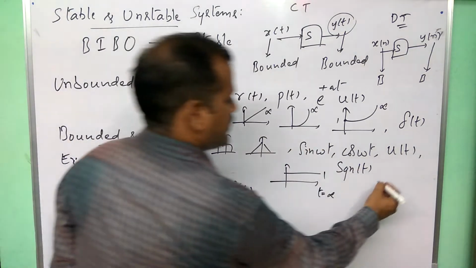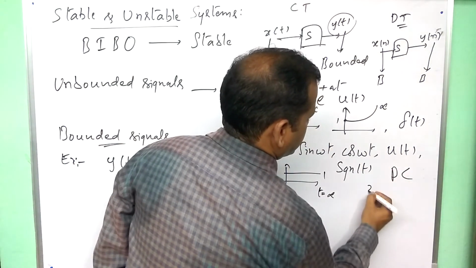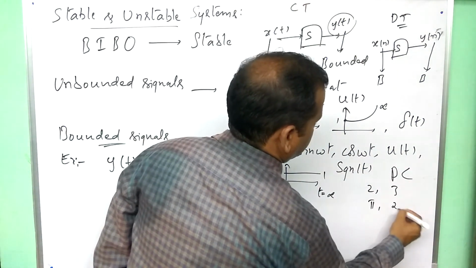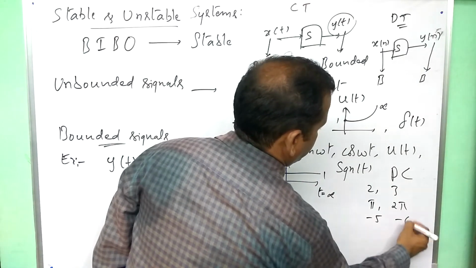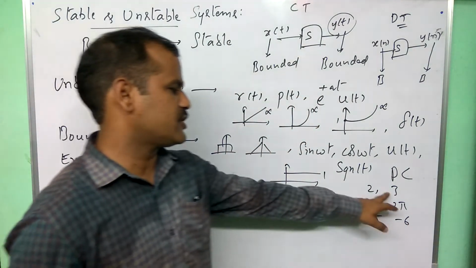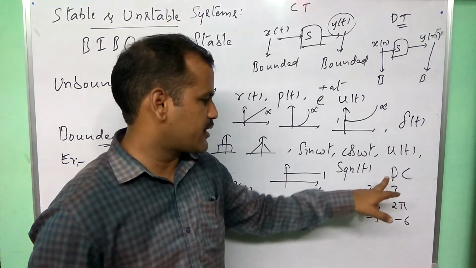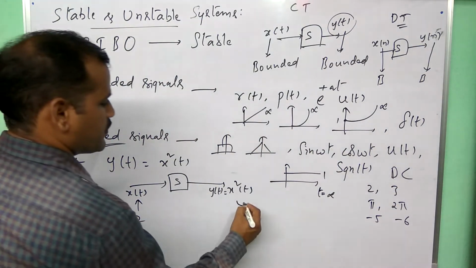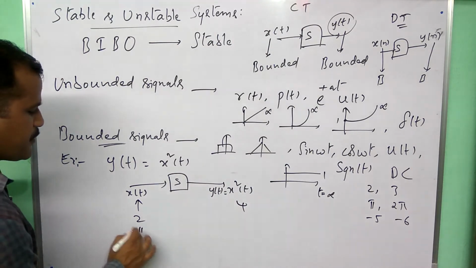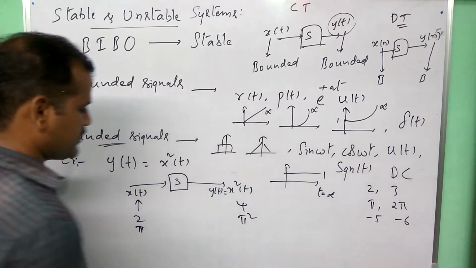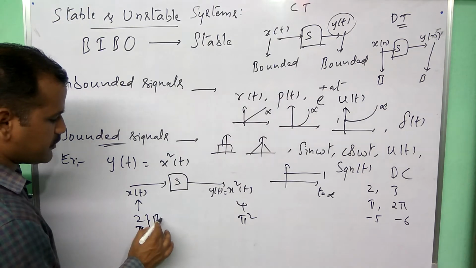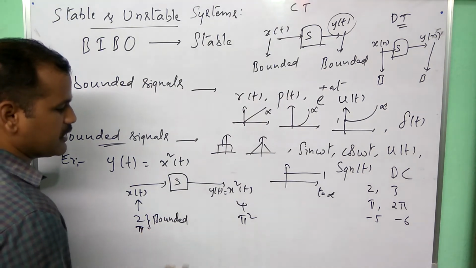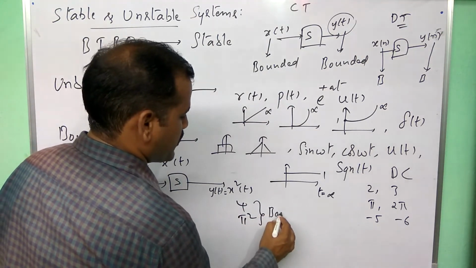Even a DC signal you can consider, some 2, 3, pi, 2 pi, 3 pi, minus 5, minus 6, any DC value, any constant value is also a bounded signal. So if I consider 2, the output will be 4. If I consider pi, the output will be pi square. These are bounded, finite values, so the output is also bounded.